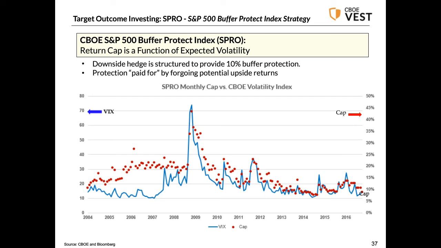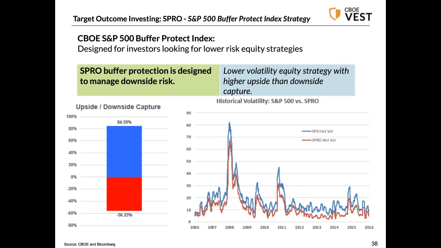More recently, the cap has been more like 9 to 11%. 13% was the highest in the last 12 months. But nevertheless, the opportunity cost of returns above this cap would be what would be financing the outperformance on the downside. The results in terms of returns based on the history of this index are shown here.